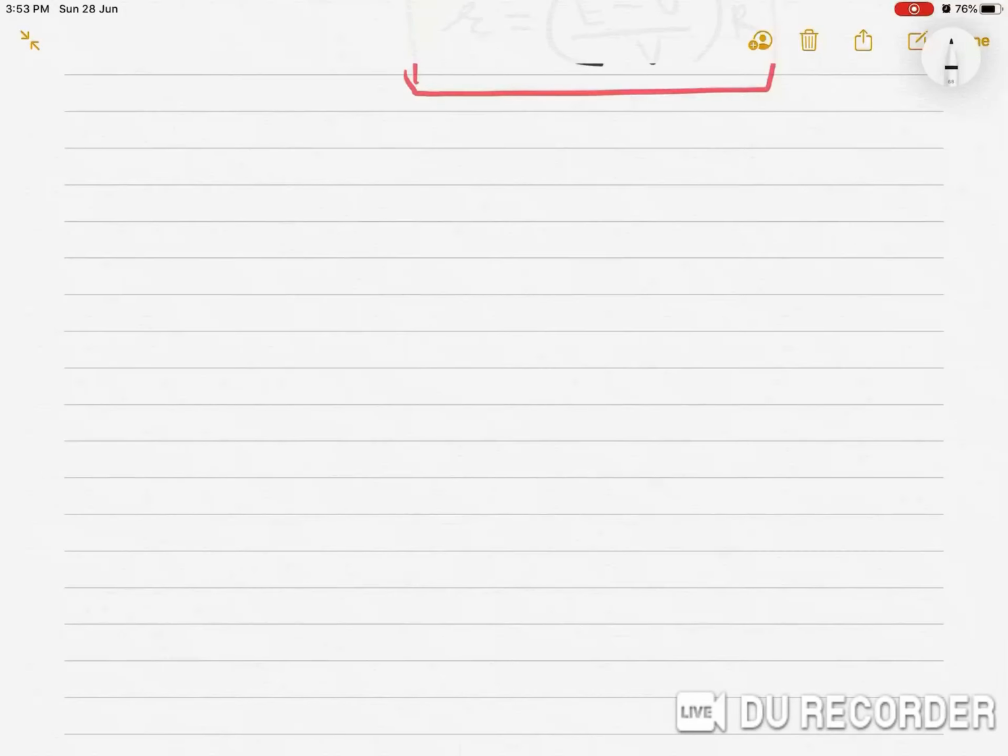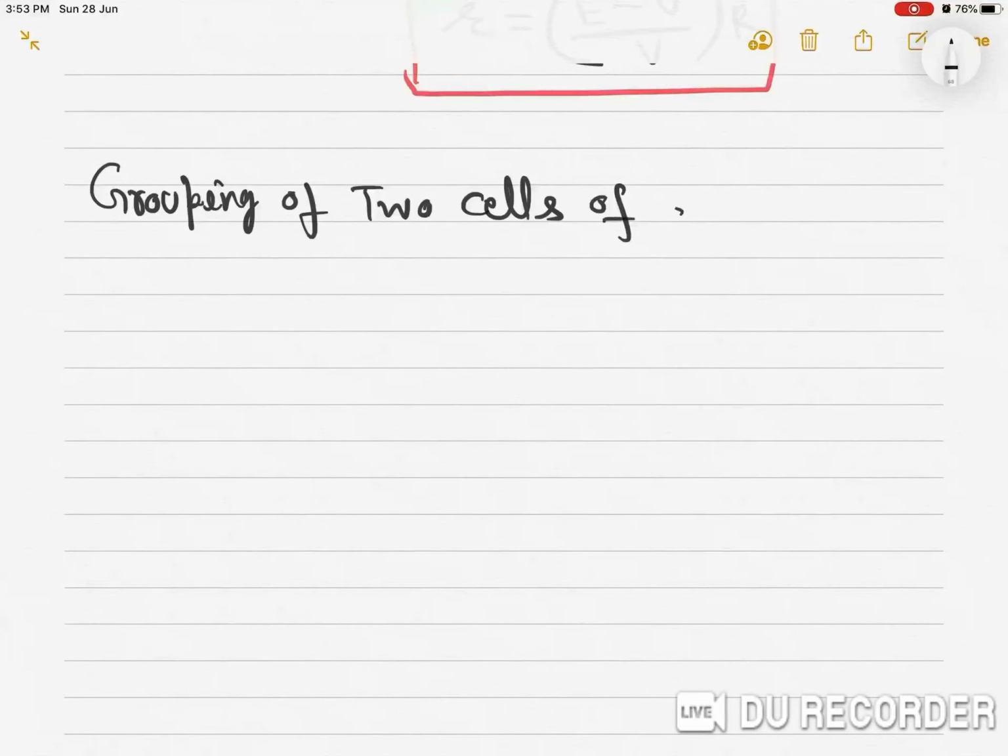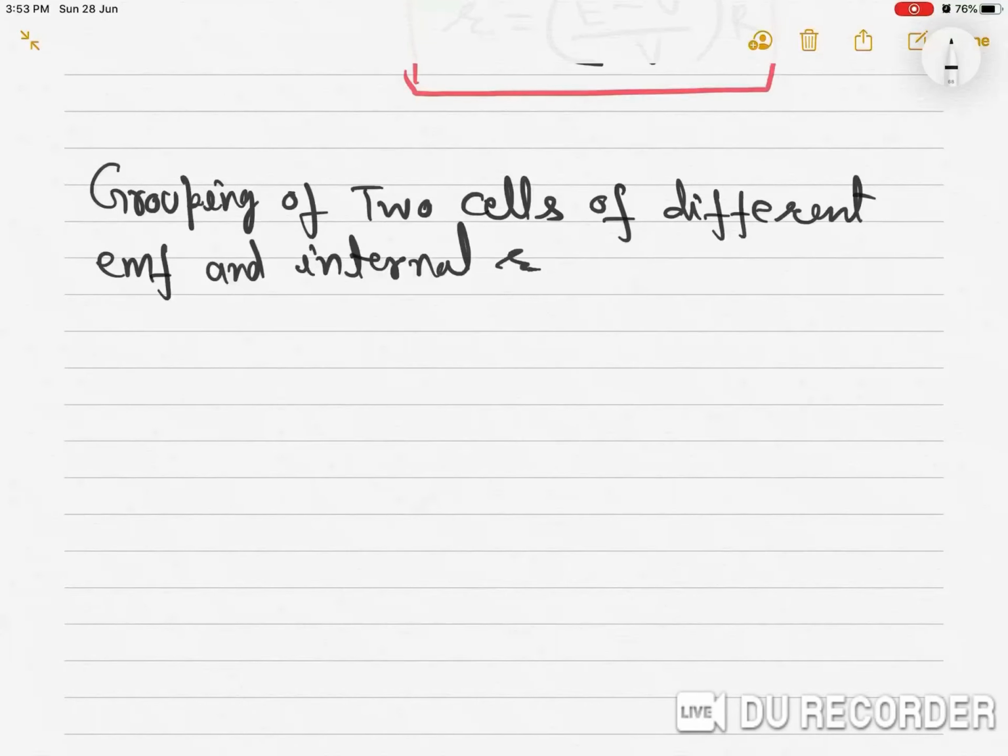Grouping of two cells of different EMF and internal resistance. One is in series.